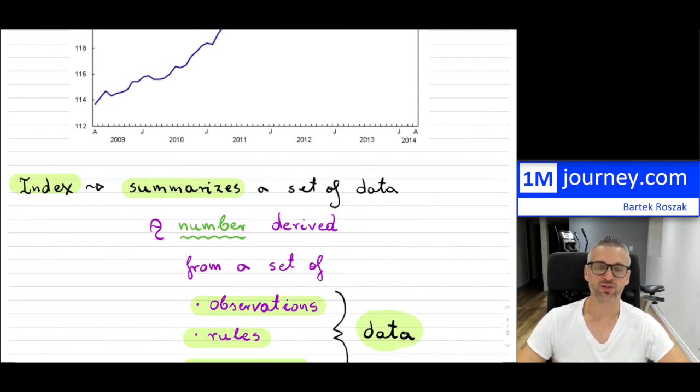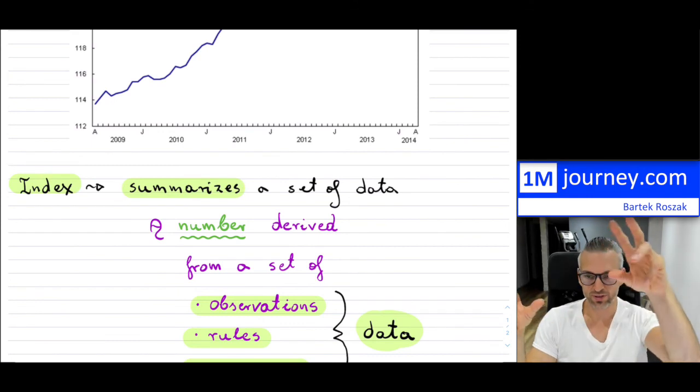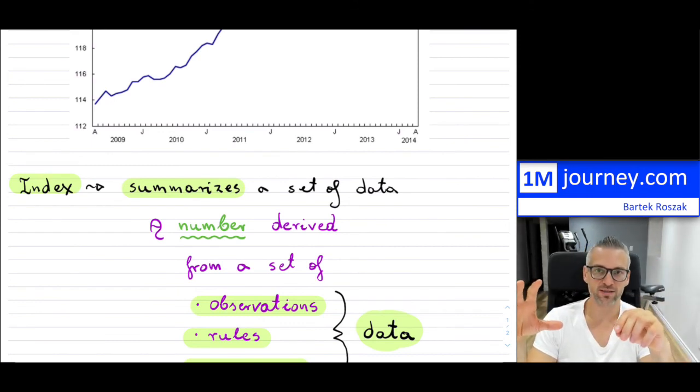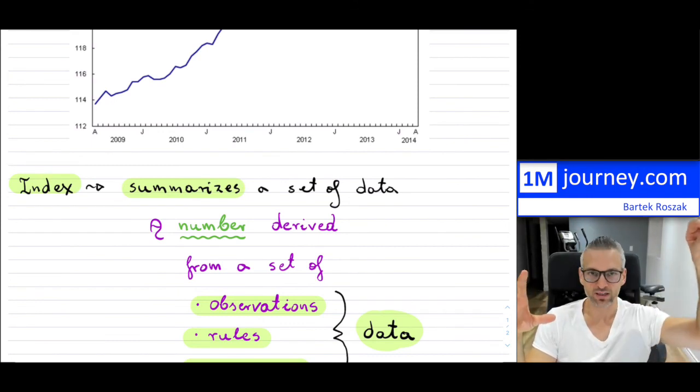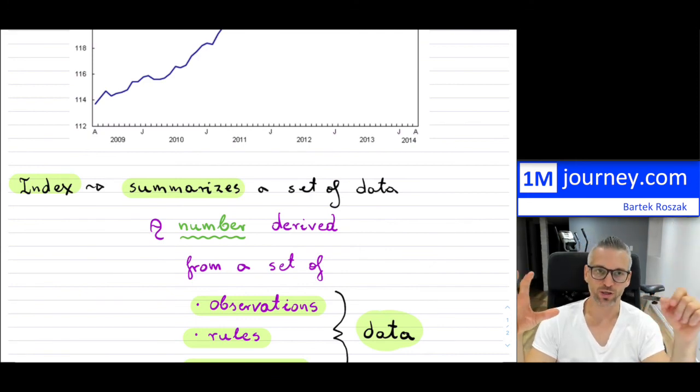The index just tells us what people are willing to pay for companies that are traded on the stock exchange. And you have a huge amount of companies, and then again, you'll have some observations, rules, and measurements, and then an index is created, some one number, and you can see it going up or down. If it's going up, that means people value companies more. If it's coming down, well, they're not willing to pay as much for those companies.